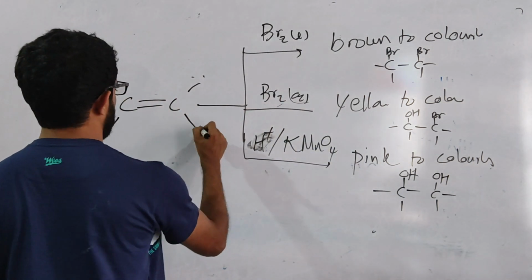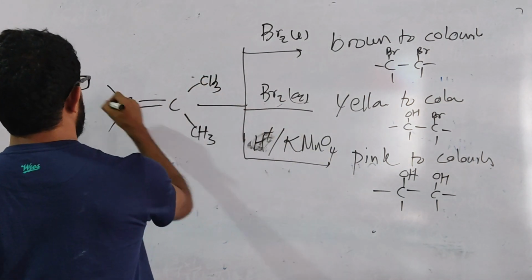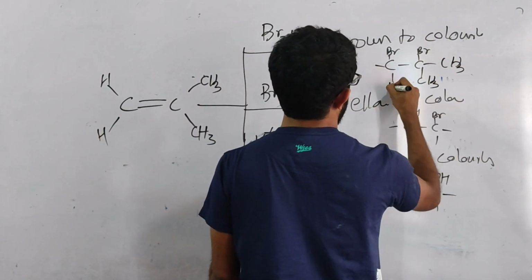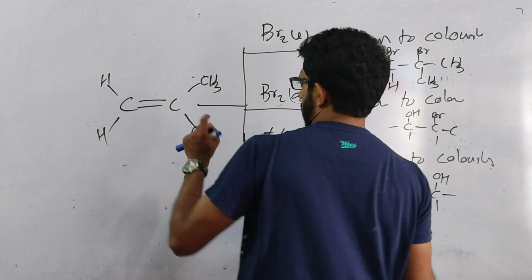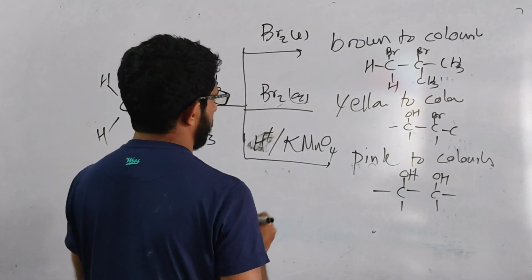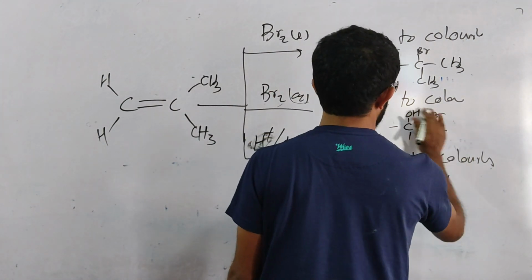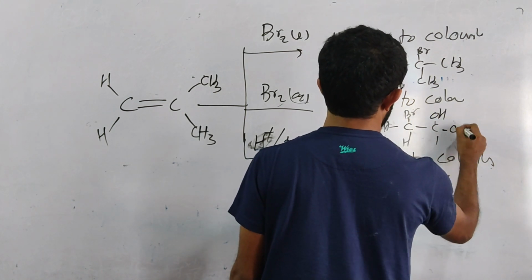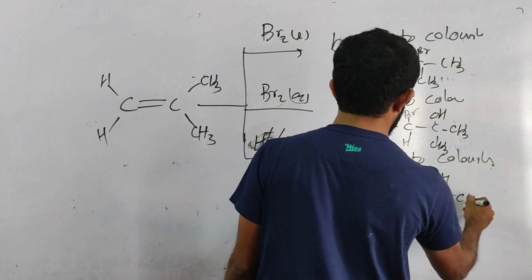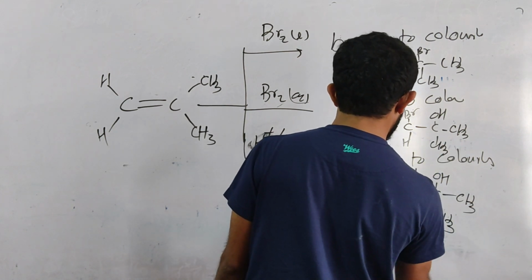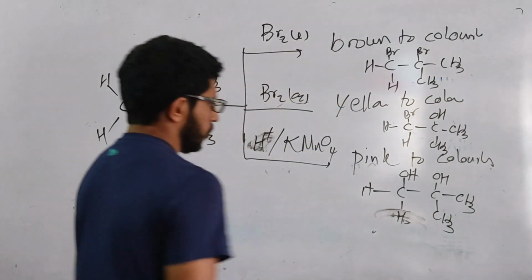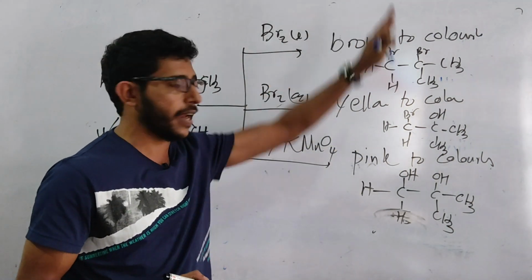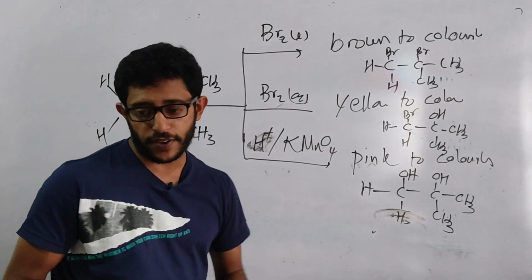Normally with bromine water, the Br goes to the carbon with fewer hydrogens, so here Br, H, H, OH, CH3, CH3. So those are the reactions. The double bond is converted into a single bond, and you will get those observations.